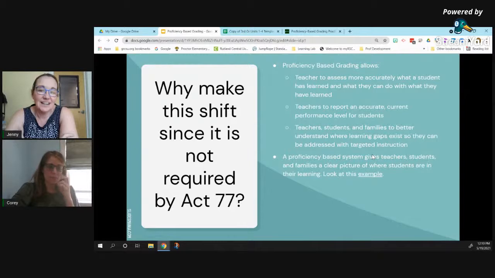And it really does do what we need it to do, where it pinpoints the exact skills, like you were saying, the exact skill that your student needs some more help with, some more practice with, some more lessons with, right? And that's what we need to know.